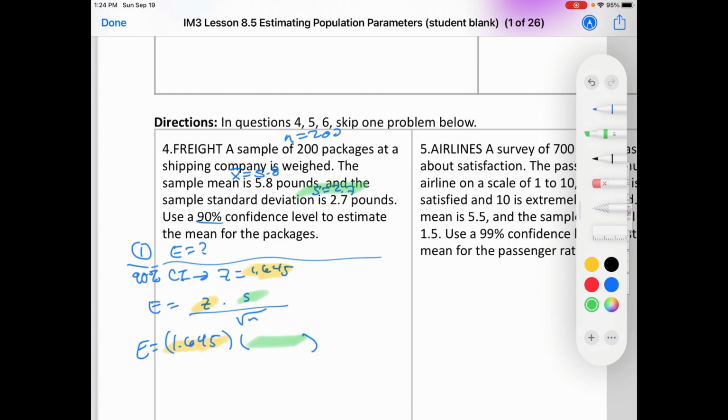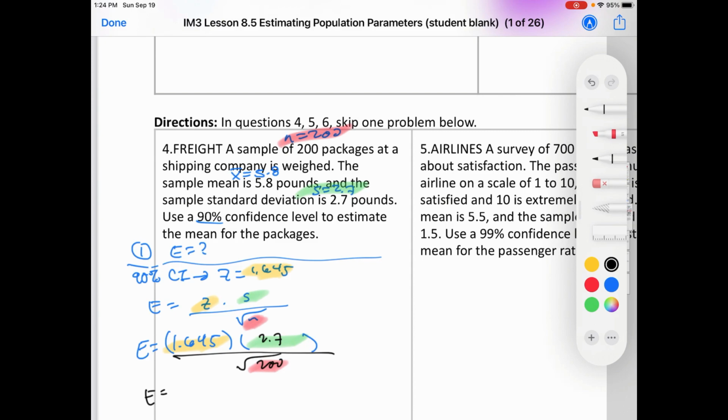See how that color coding helps? Helps you kind of visualize and see what's happening. 2.7 all over the square root of, we need an n value, which is 200. And this will give us an E value.